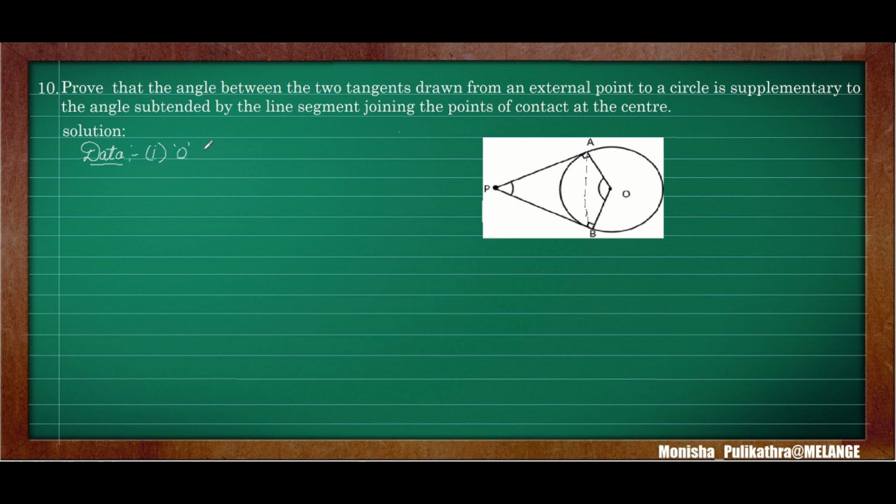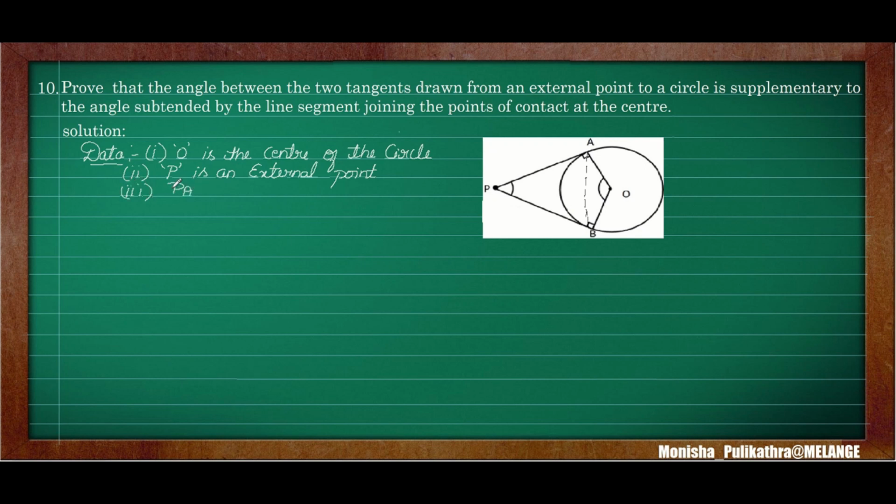The data part is: O is the center of the circle. Second one, P is an external point. Here PA and PB are the tangents given in the question itself.